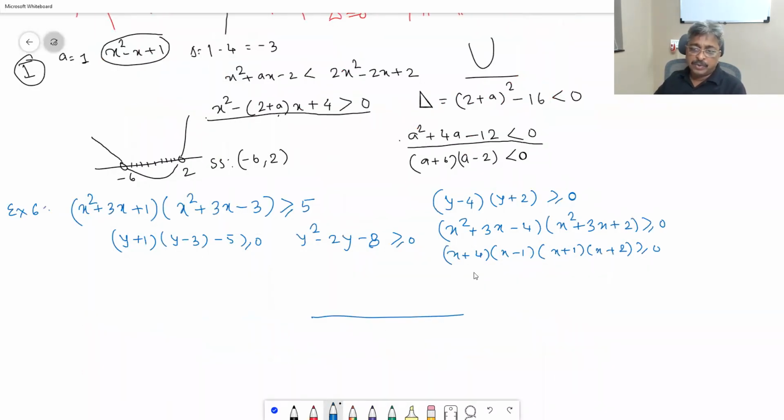Then the graph: the smallest value is minus 4, minus 2, minus 1, 1. No denominator anywhere, all equality, therefore dark circles. 4 brackets, leading coefficient positive, so it will enter from here, go here, go here, go here, go here.